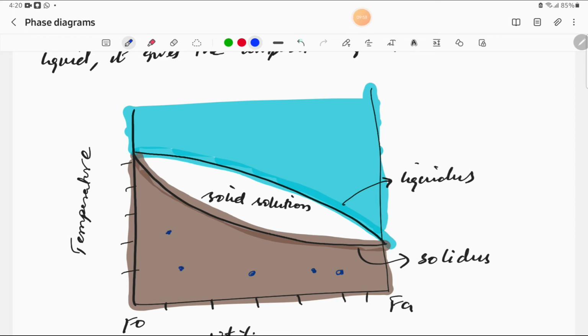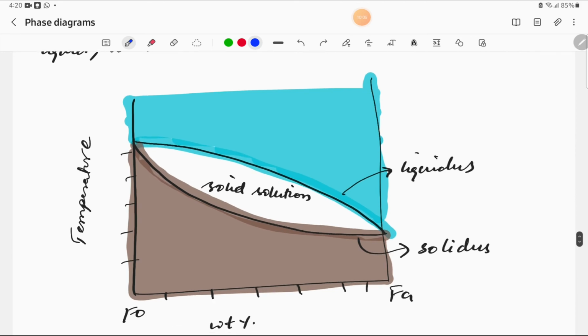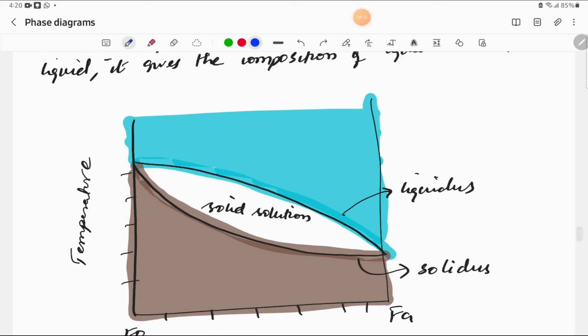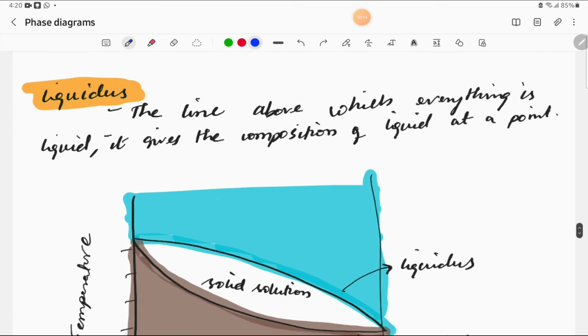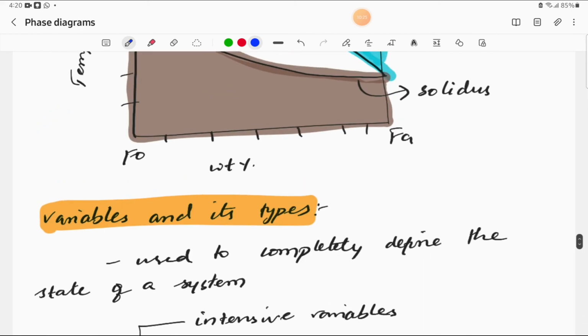In the same way, liquidus is the line above which any point will be entirely liquid. It will give the composition of a liquid at a point. This is a forsterite-fayalite system.